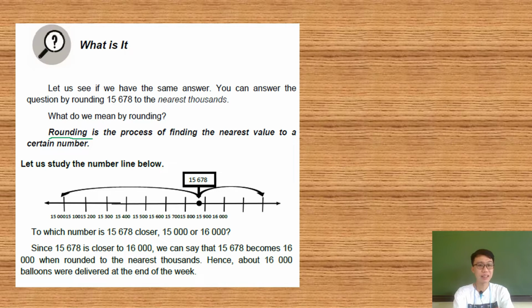To which number is 15,678 closer? 15,000 or 16,000? Since 15,678 is closer to 16,000, we can say that 15,678 becomes 16,000 when rounded to the nearest thousands. Hence, about 16,000 balloons were delivered at the end of the week.